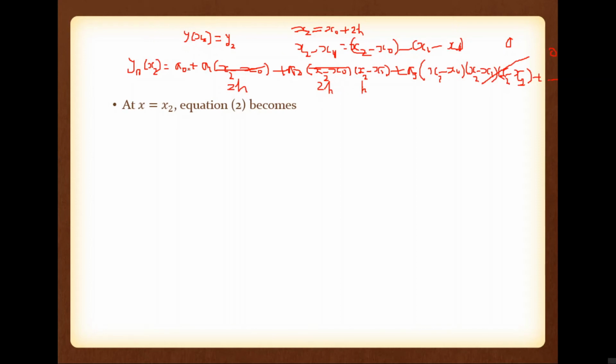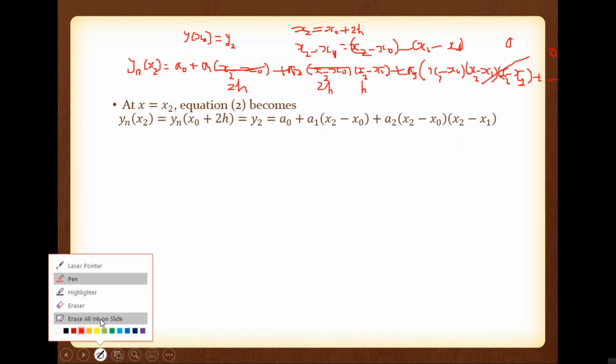We already know a0, that is y0. What about a1? That is delta y0 divided by h. Is it okay? So please note, yn of x2 is equal to y2, that is a0 plus a1 into x2 minus x0 plus a2 into x2 minus x0 into x2 minus x1. The remaining terms are 0.